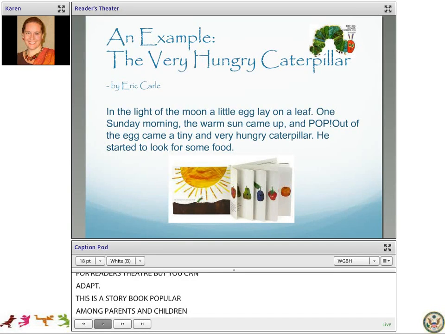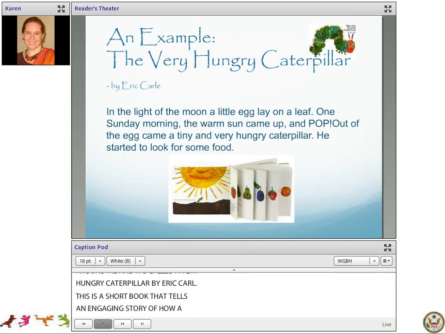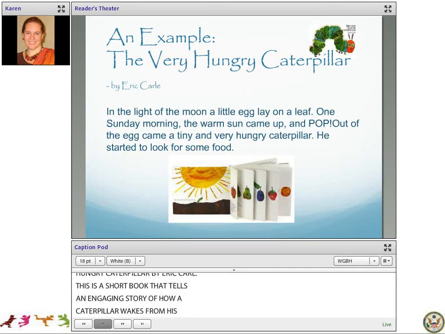This is a short book that tells a very engaging story about how a caterpillar wakes up out of his egg, starts to grow, eats a lot of food, and then gets a stomach ache, and then gets into his cocoon and comes out as a butterfly at the end. So there's a build-up, there's a climax, there's a conflict, and then there's a resolution with a kind of beautiful coda where he comes out as a butterfly. So that's the basic story.